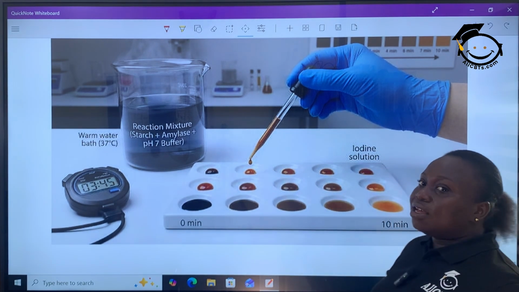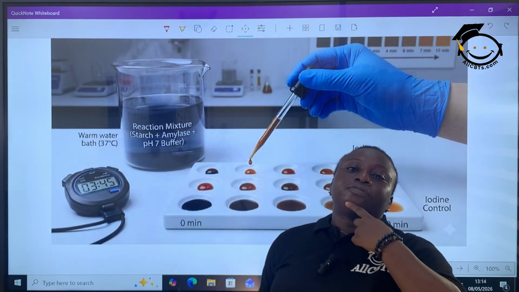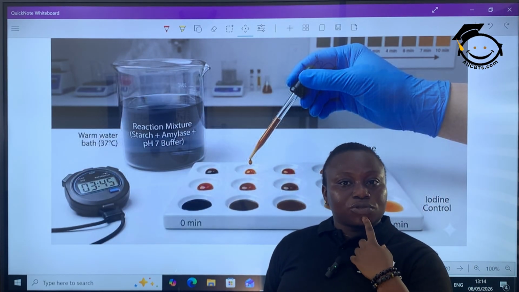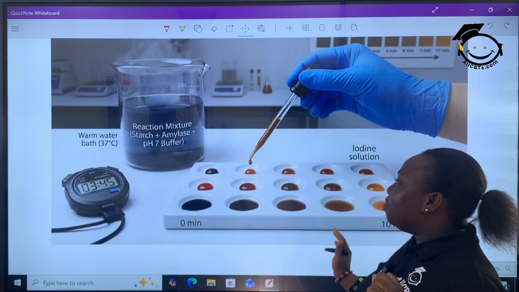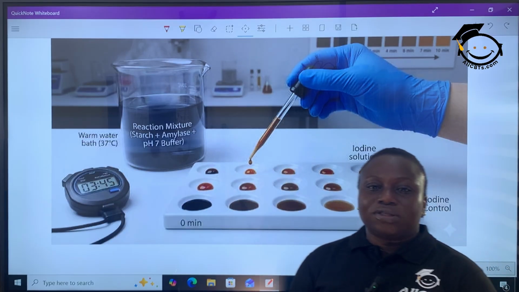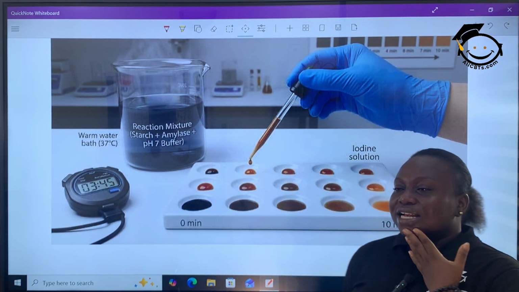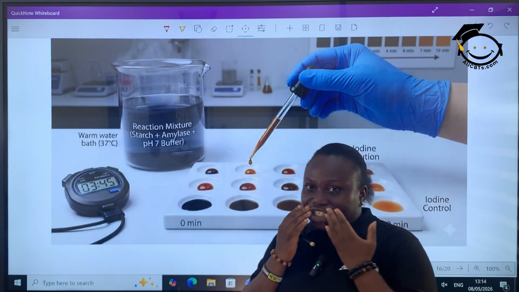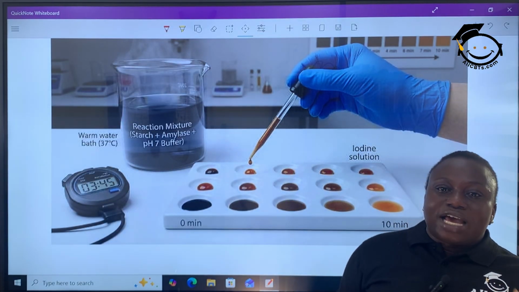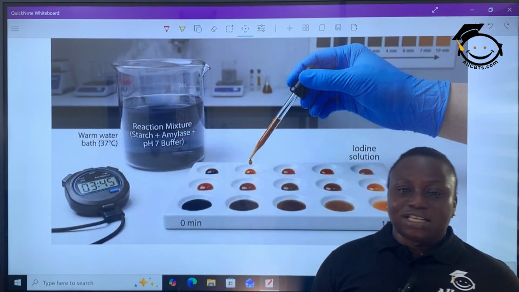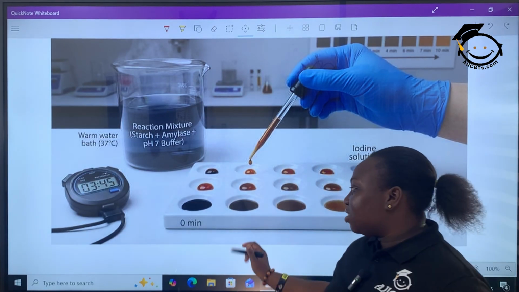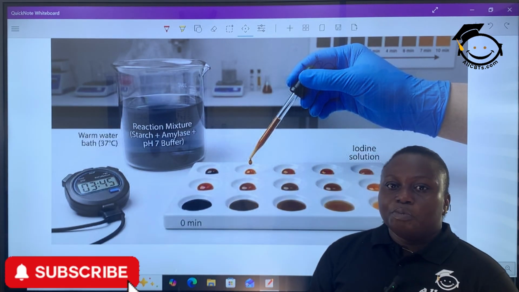Take an example from your mouth. In our mouth we have amylase. Why do we have amylase? The amylase that we have in our mouth is called ptyalin. This ptyalin is what we use to break starch. When we are teaching you digestion, they will tell you that in our saliva we have an enzyme called ptyalin, which converts starch to maltose.